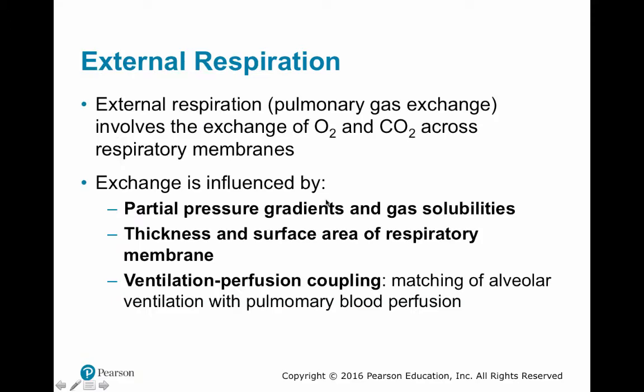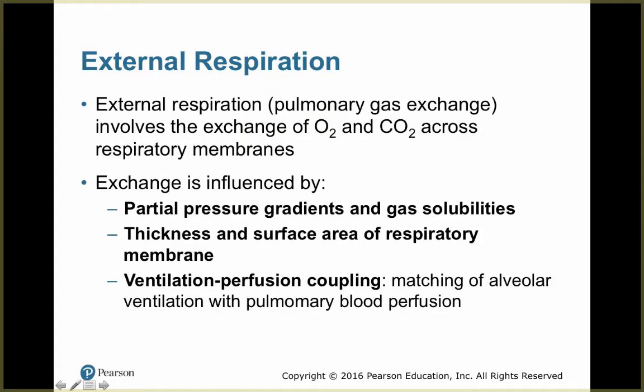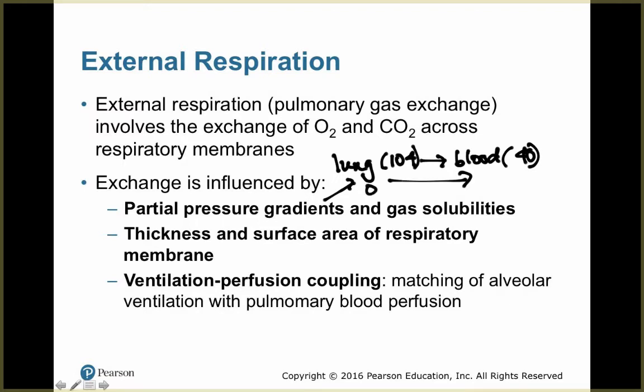Since there's a gradient, where the lung, like I said, is at 104, and the blood is at 40, this drives oxygen into the actual blood, right? And it reaches equilibrium in about 25 seconds.